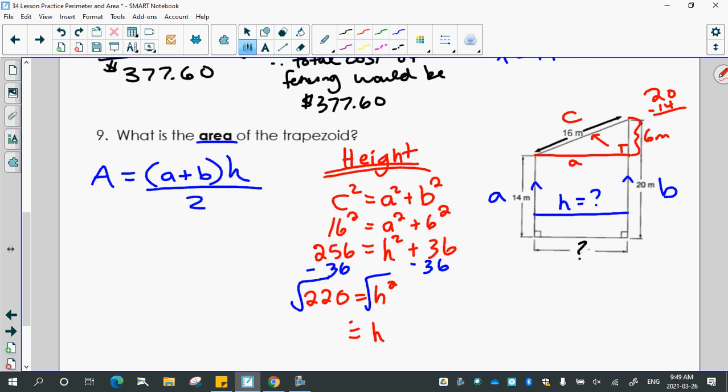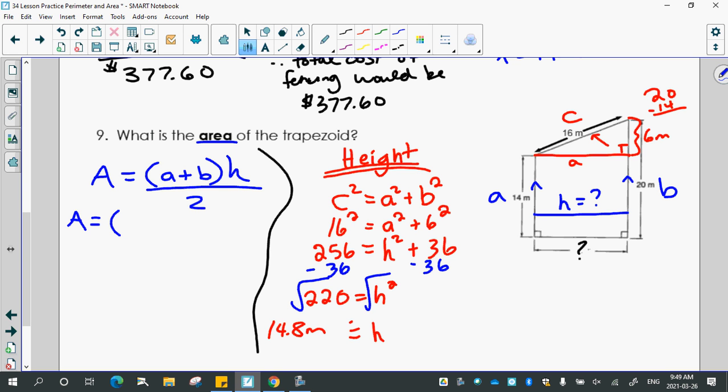So that gives me H to be approximately 14.8 meters.